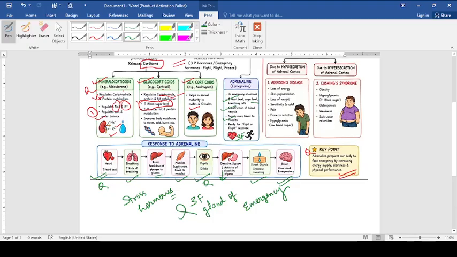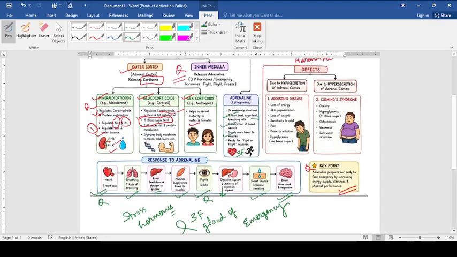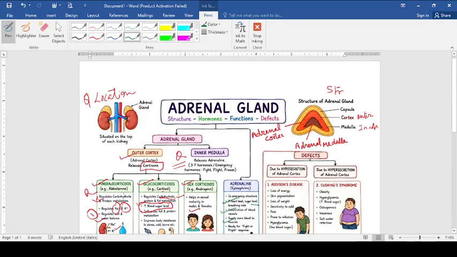The opposite hormone of adrenaline is called noradrenaline, which is not mentioned here, but you should know that the adrenal medulla secretes one more hormone, called noradrenaline or norepinephrine, and this hormone converts the body to the calm situation, because whatever conditions we have discussed just now were stressful conditions. So adrenaline prepares the body for those reactions, but we cannot always be in stressful conditions.